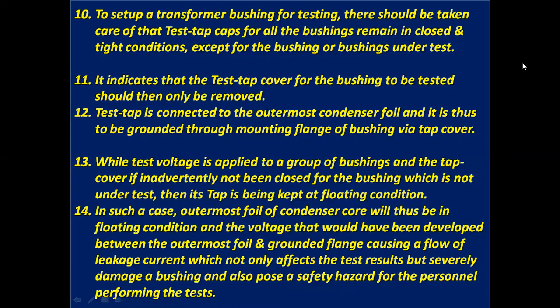In such a case, the outermost foil of the condenser core will be floating, and voltage could develop between the outermost foil and grounded flange, causing a flow of leakage current which not only affects the test result but may severely damage a bushing and also pose a safety hazard for the personnel performing the tests.